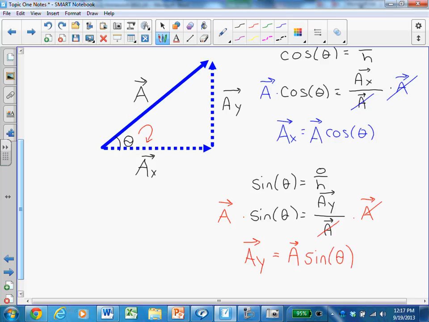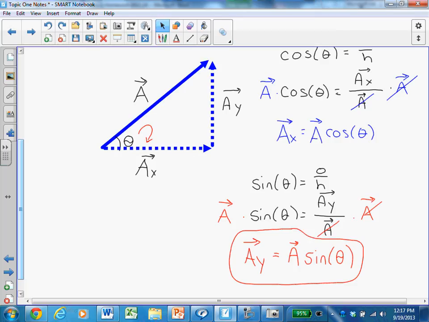Okay? So these are two equations for the components. If you look at your reference packets, you're given a version of these in terms of R. It says Rx equals R cosine theta and Ry equals R sine theta. And that absolute value just means, it's not really absolute value, it just means in this case those two bars mean the magnitude of that vector, not its direction, times sine theta. Okay?